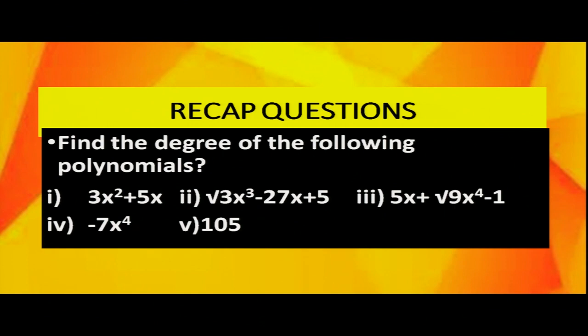So the highest exponent is 2, and the degree of the first one is 2. In the second one, root 3x cube minus 27x plus 5, the variable has highest exponent 3, so it is a polynomial of degree 3.